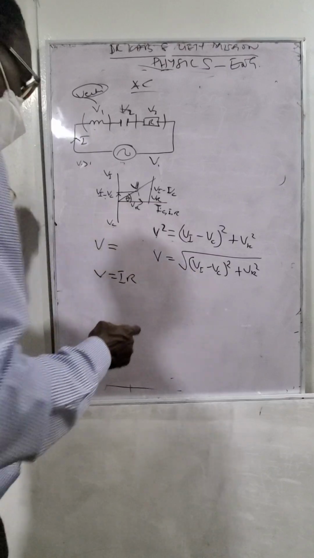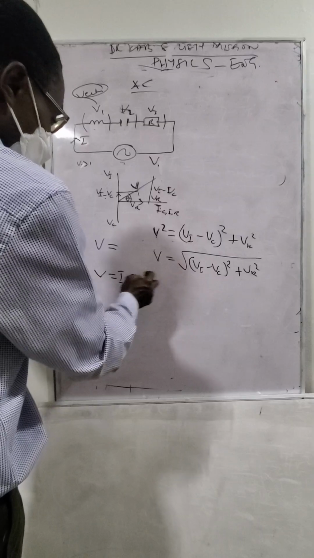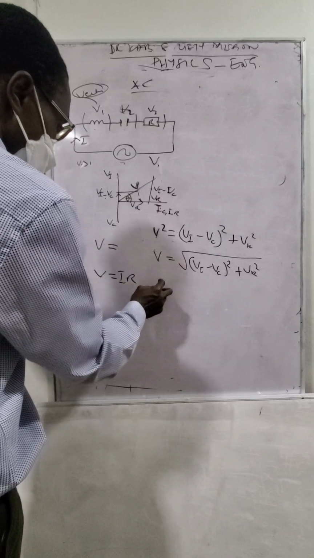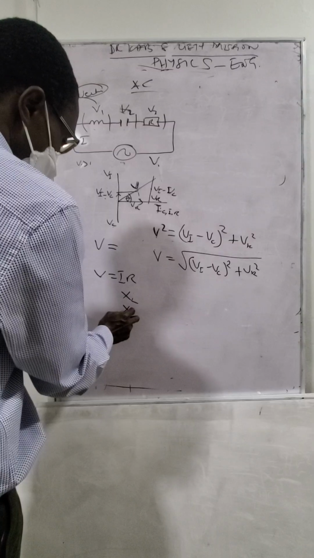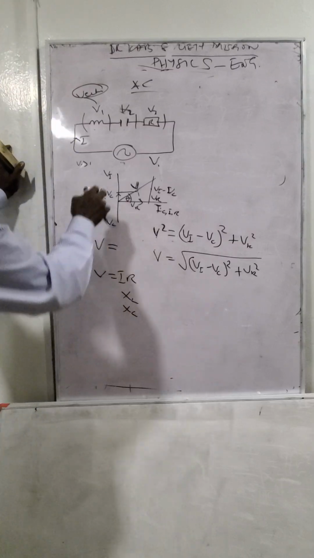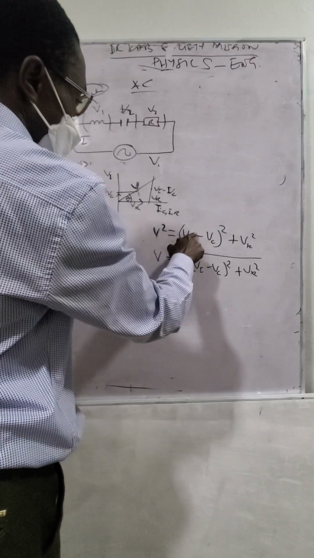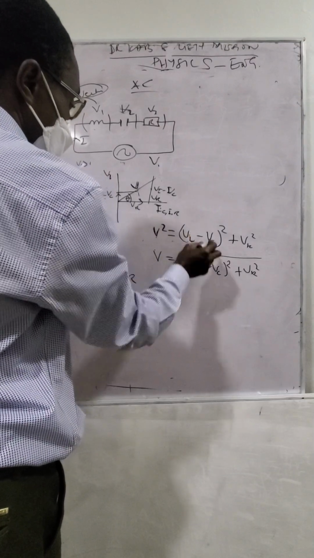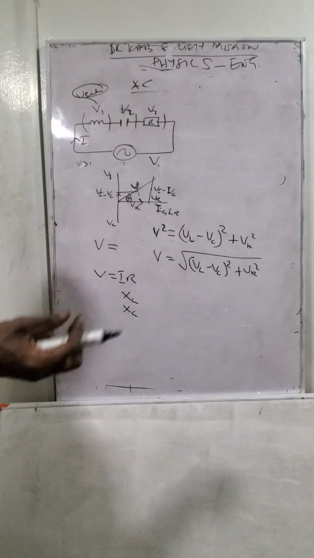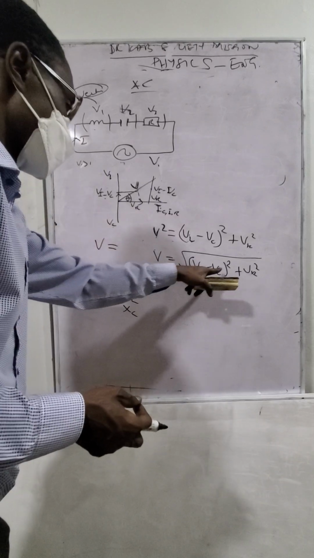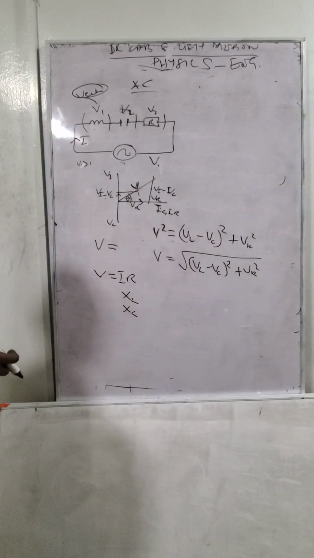Here the resistance is going to be X_L and X_C for the inductor and capacitor, so we can make it V_L. Remember, when we square this, whether this was subtracted or that one, it will come back to the same.